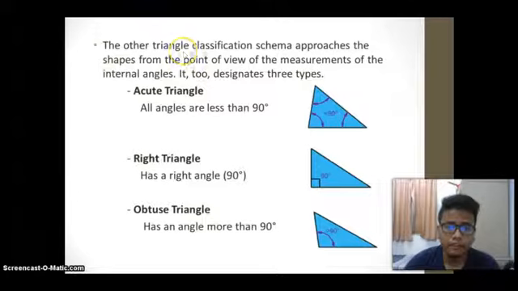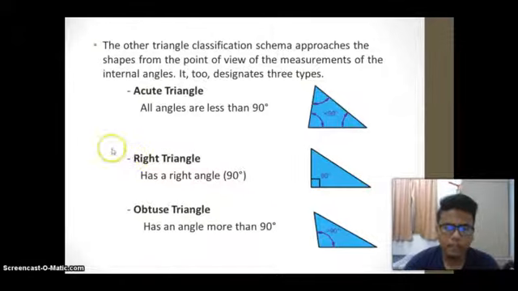The other triangle classification is from the point of view of the measurement of internal angles. The first is the acute triangle, where all angles are less than 90 degrees. So this is an example of an acute triangle. All the angles are less than 90 degrees.